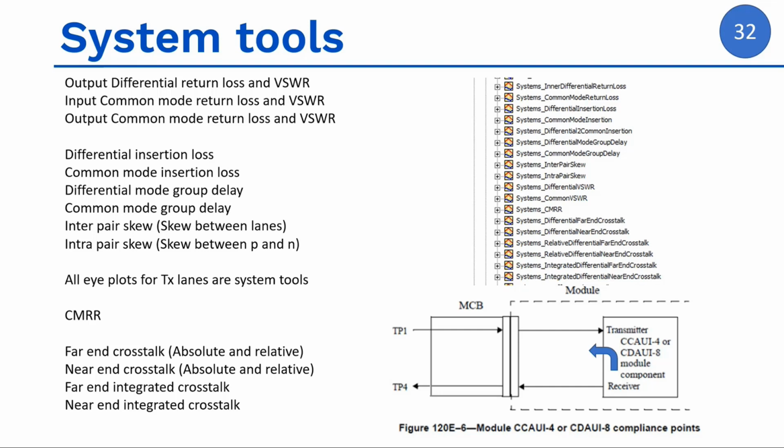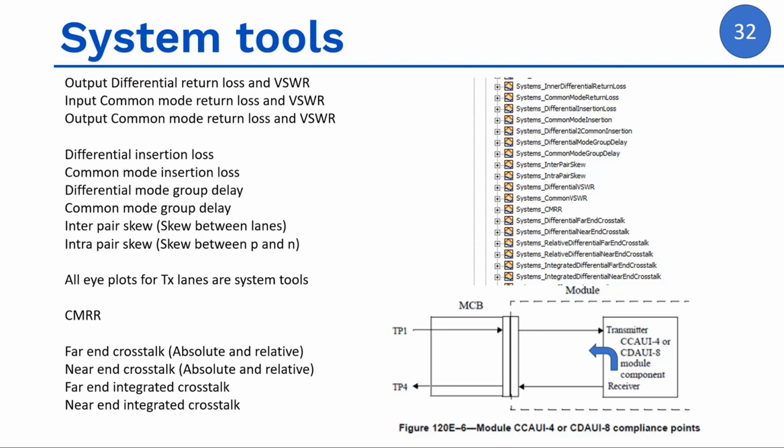The most important group by far is the crosstalk. The nightmare of all system engineers and RF engineers is the crosstalk: how to eliminate it, how to know, how to keep it under control. So they want to know about it. And there are so many kinds of crosstalk. There is the absolute value, the relative value, and we also added what we call the integrated crosstalk.